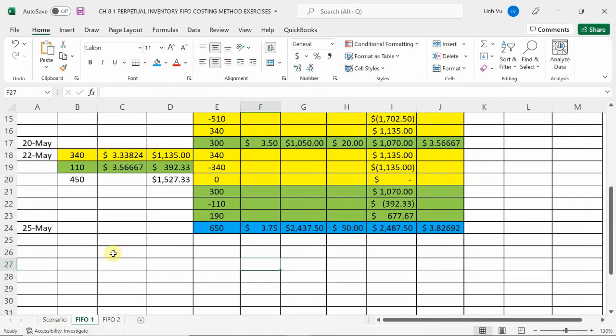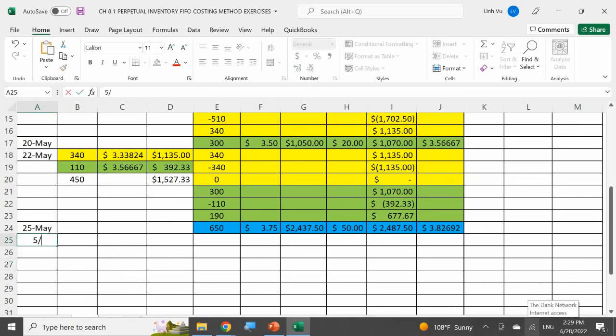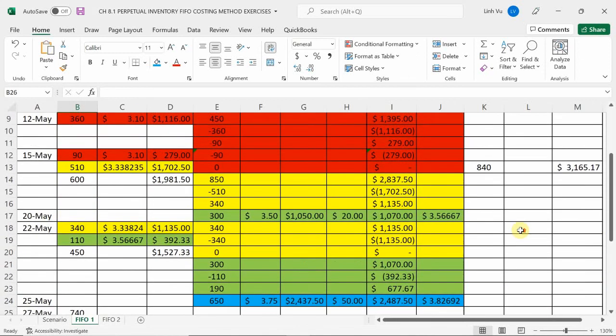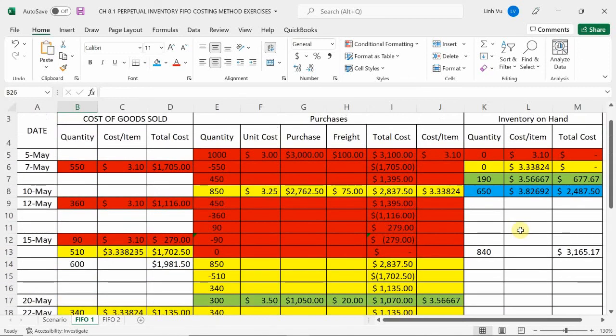Let's take a look at my batches of inventory. I definitely have enough to sell, but I still have a remaining batch of my green at 190, and then I definitely have to dip into my blue batch.